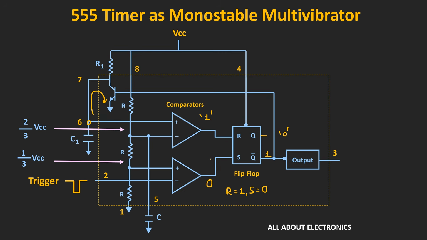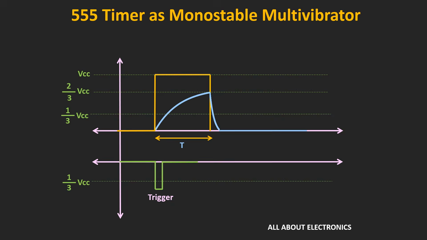So if we see this sequence in a timing diagram, then it will look like this. Whenever this triggering action happens, that means whenever the voltage at pin number 2 goes below this 1/3 VCC voltage, then the output of the 555 timer will go to the logic high value.